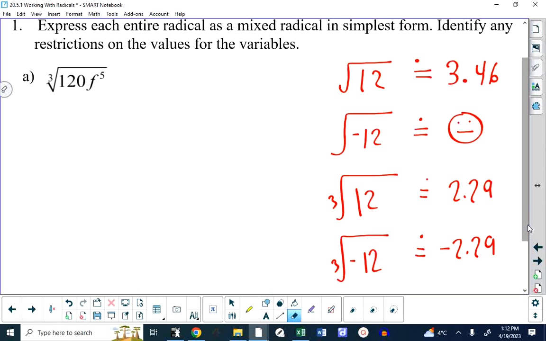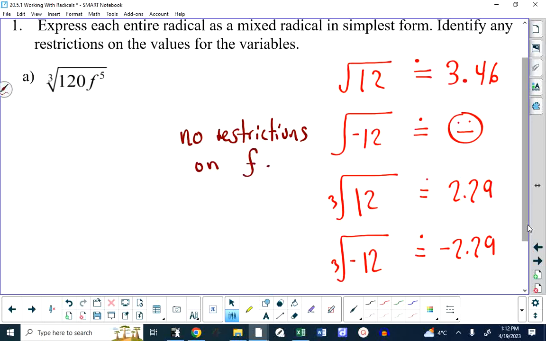When you take the cube root of something that's positive or negative or zero, you're allowed to. So there are no restrictions here, because even if f is a negative number, you're going to be taking the cube root of a negative number.